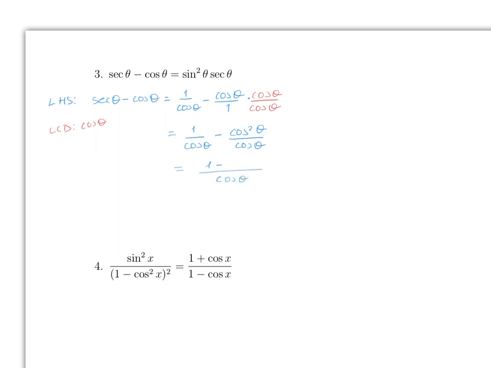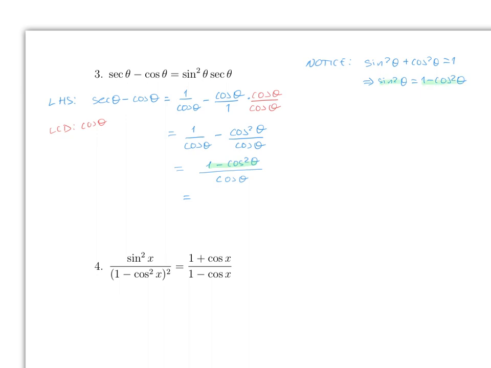So this will give you 1 minus cosine squared theta. But again, notice this is the exact same formula I did before: if sine squared theta plus cosine squared theta is equal to 1, that means that sine squared theta is equal to 1 minus cosine squared theta. So this is exactly this.